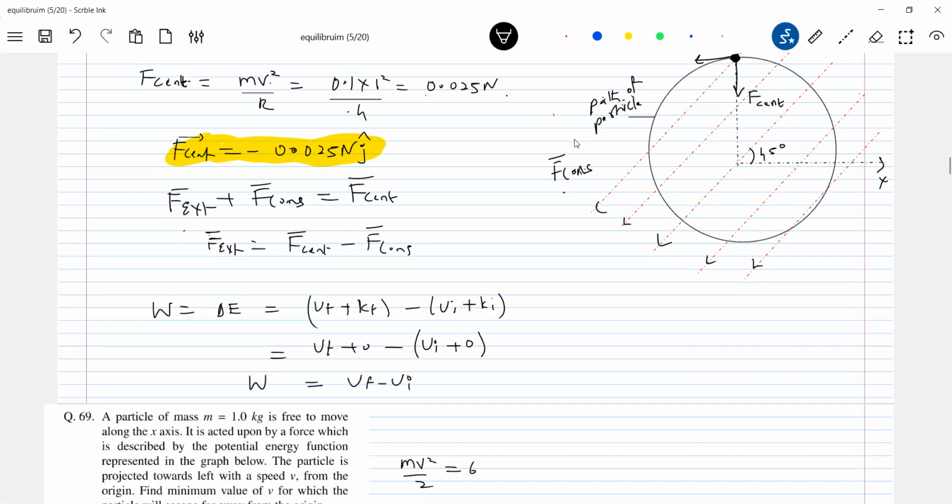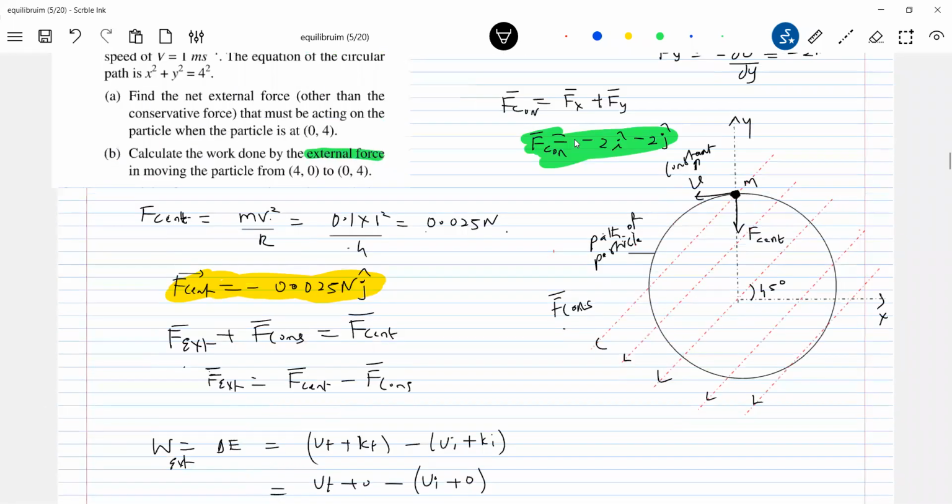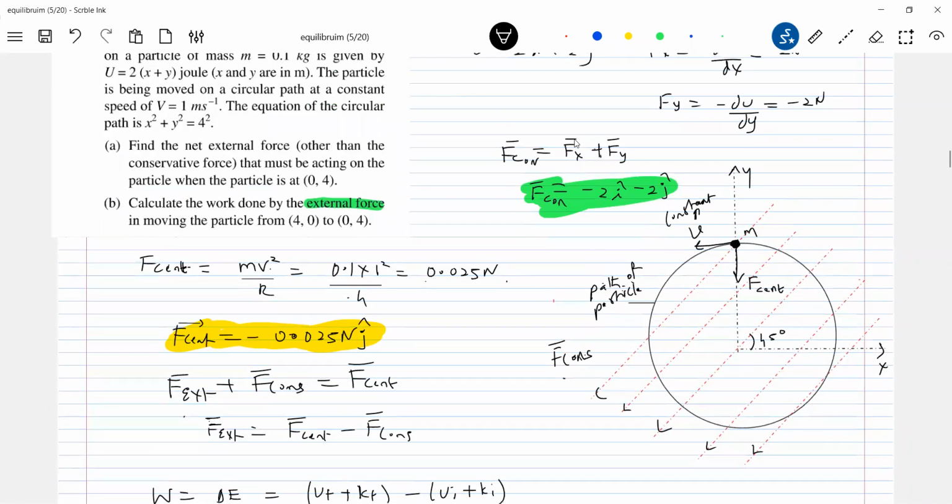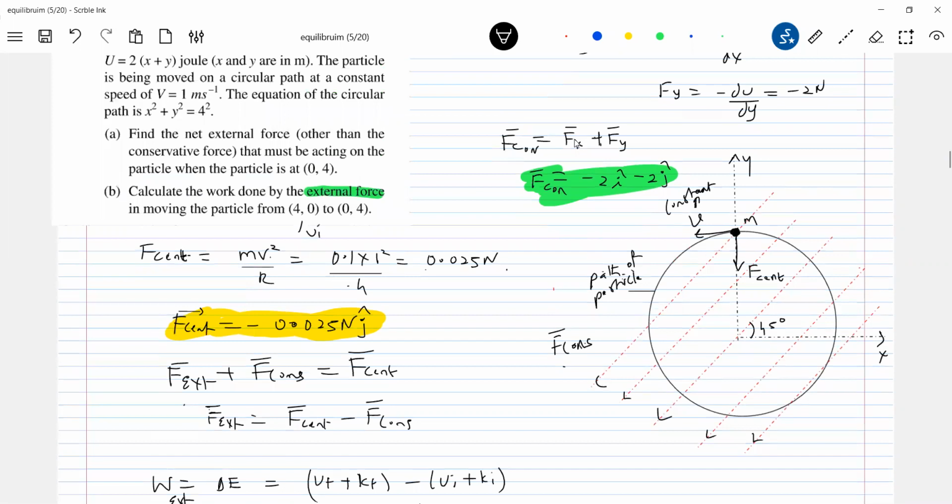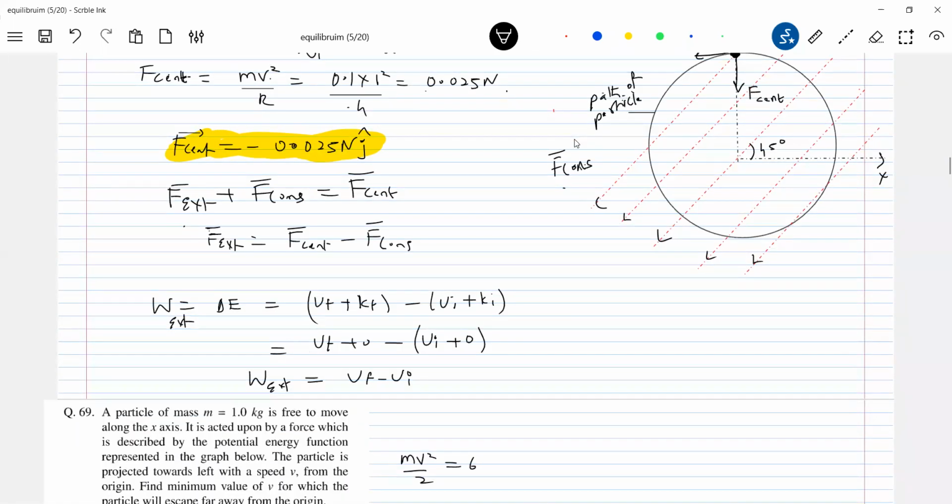Do we know the potential energy of the system? We know potential energy at both initial and final positions. Initial is 4,0. Here you calculate initial, final is UF. Substitute those values and calculate.